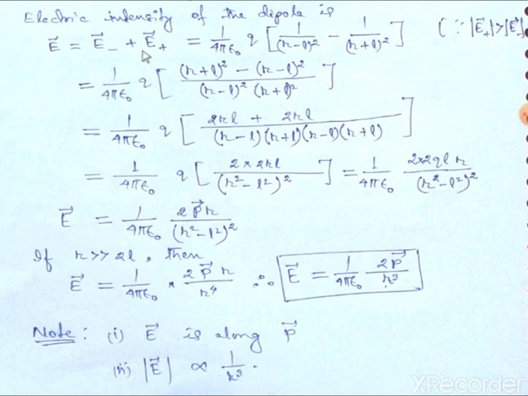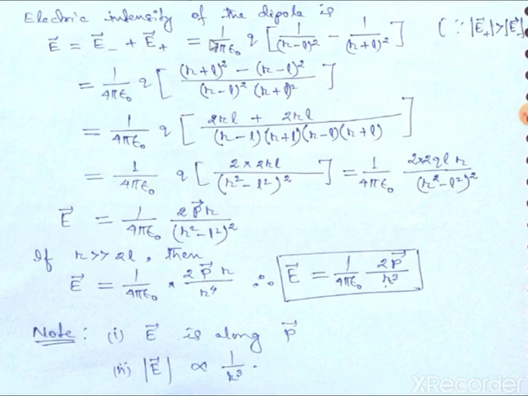Yes, electric field intensity of a dipole is what? You have to do the superposition of E minus vector and E plus vector, and in that superposition we have to simply add. This is a vector quantity, so there will be direction. The direction will be along the direction of the bigger vector if you do that vector addition, okay?